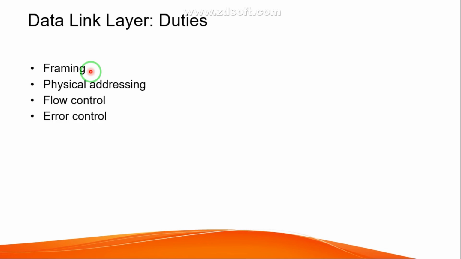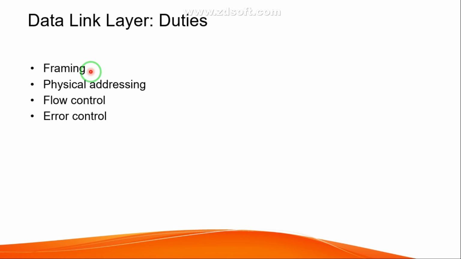Next, it is your error control. Now guys, this data link layer is going to add reliability to the physical layer by adding a mechanism to detect and retransmit damaged or lost frames.